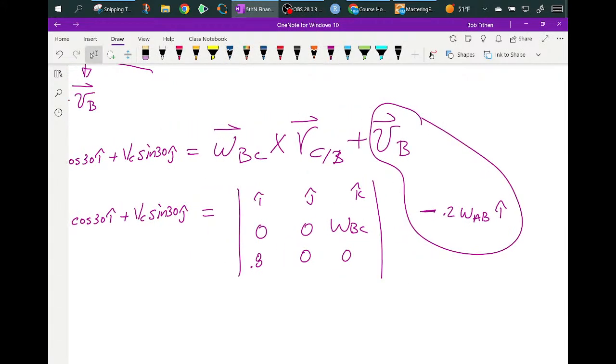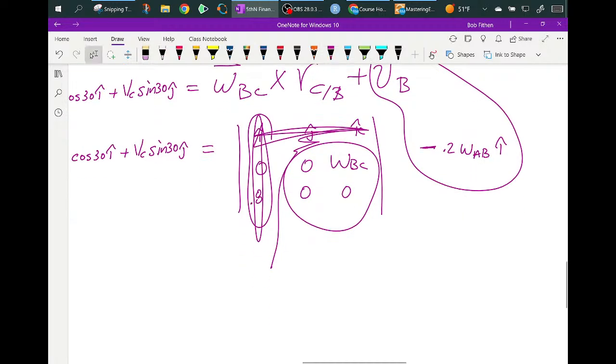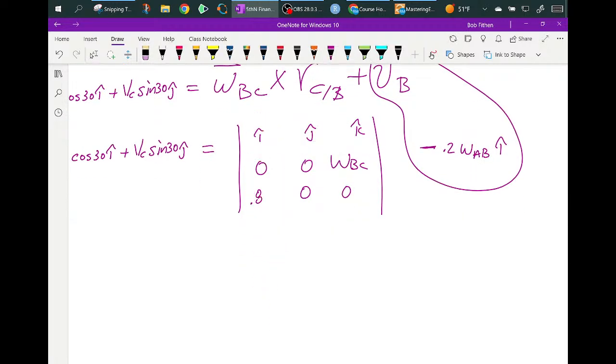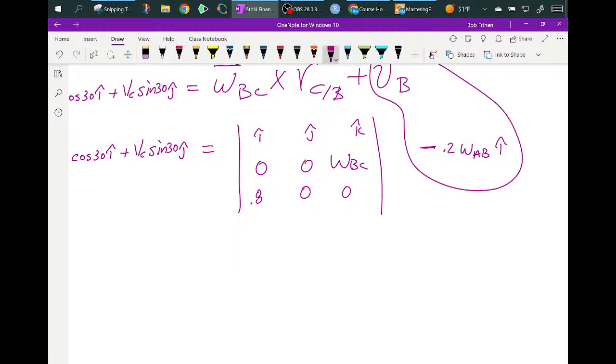So again, if I take the I cofactor expansion and look at the determinant right there, what do I get? I get 0. But if I take the J cofactor expansion and look at this part of the matrix, I get something different.